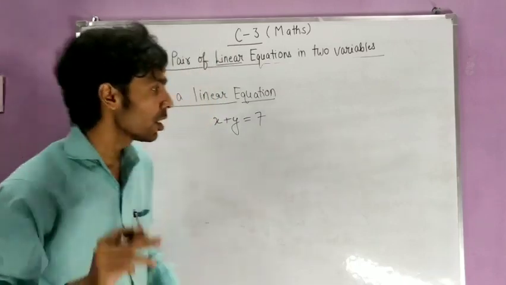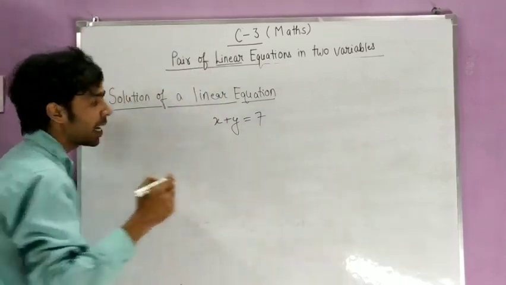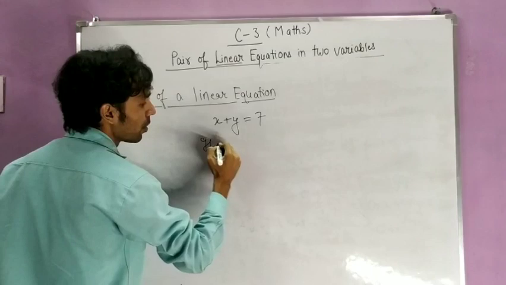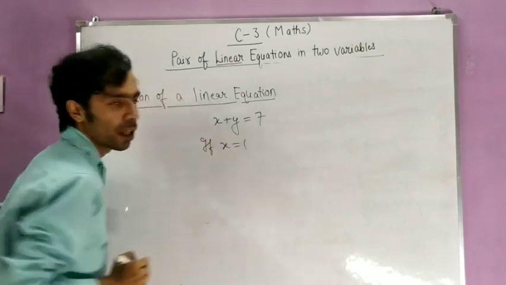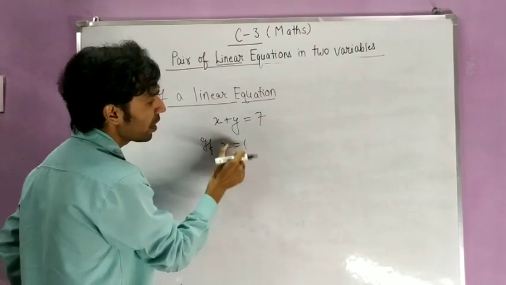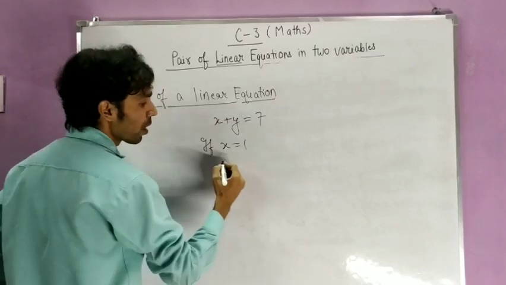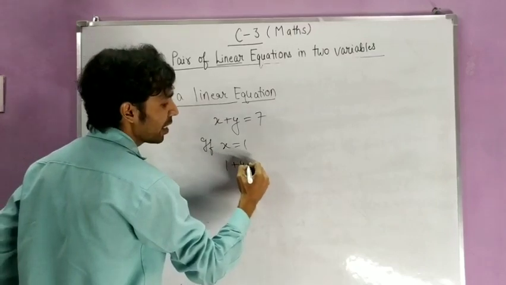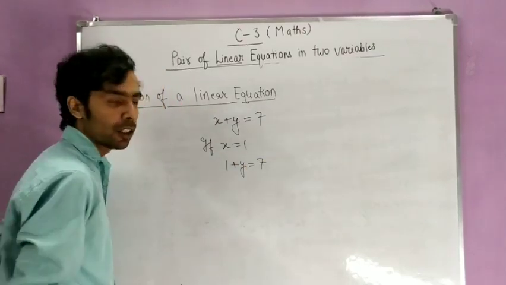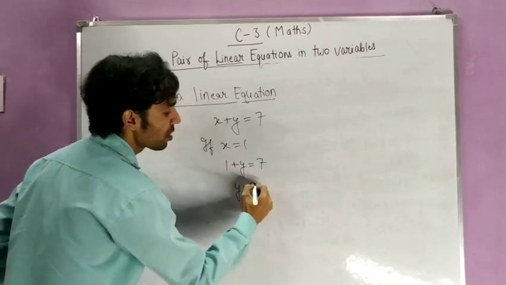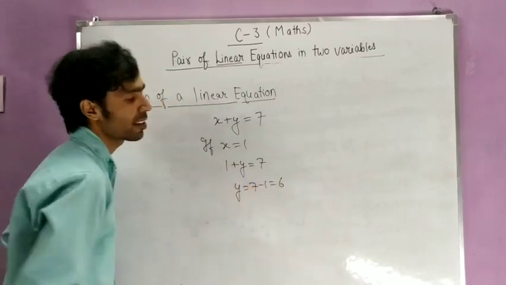It means, suppose I have taken x equal to 1. When you put x equal to 1 in this equation, what will you get? 1 plus y equal to 7. So y equal to 7 minus 1, that is 6.